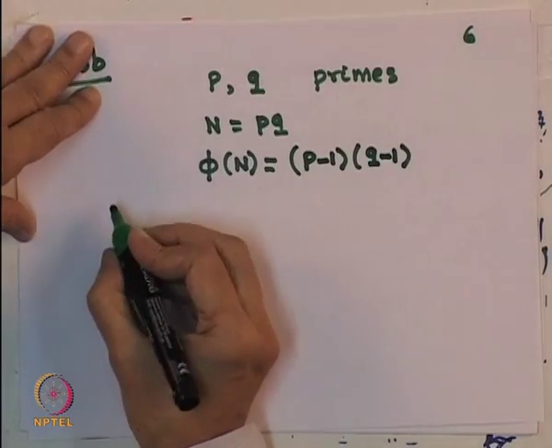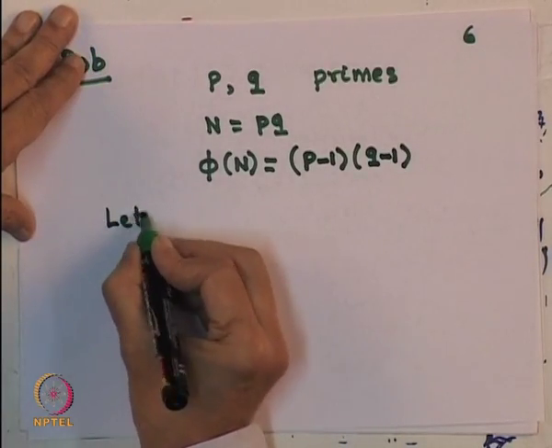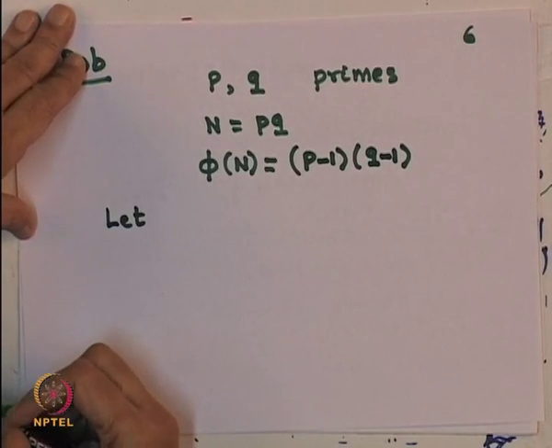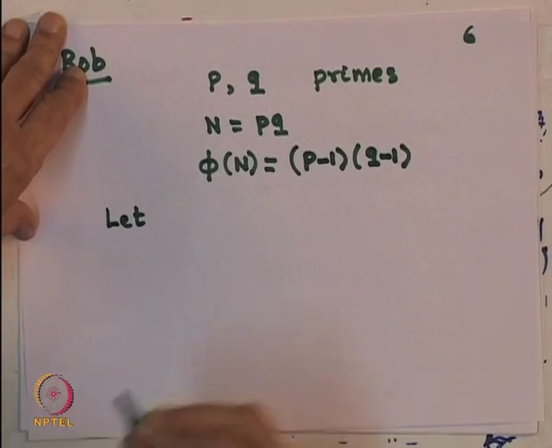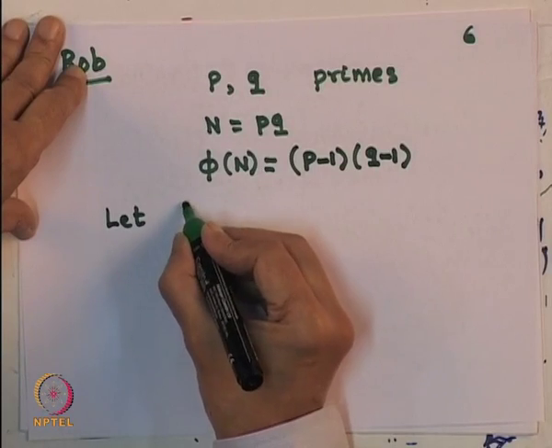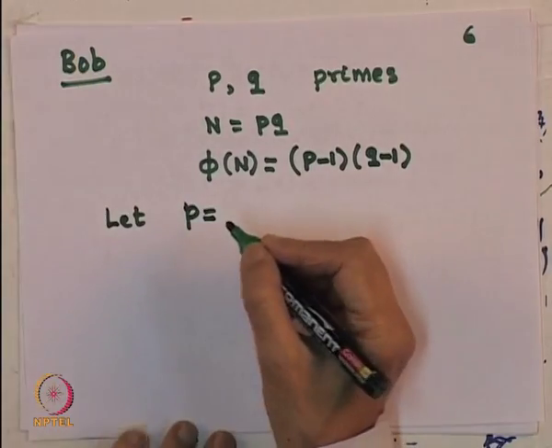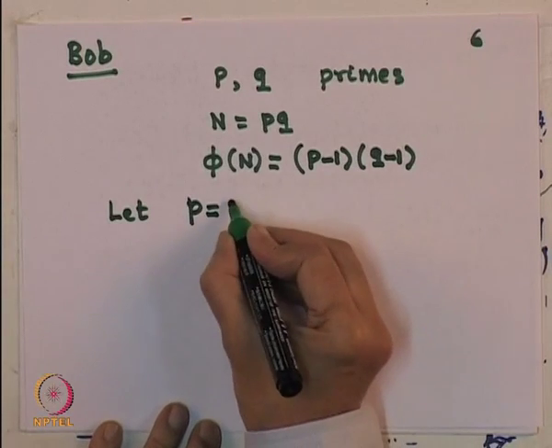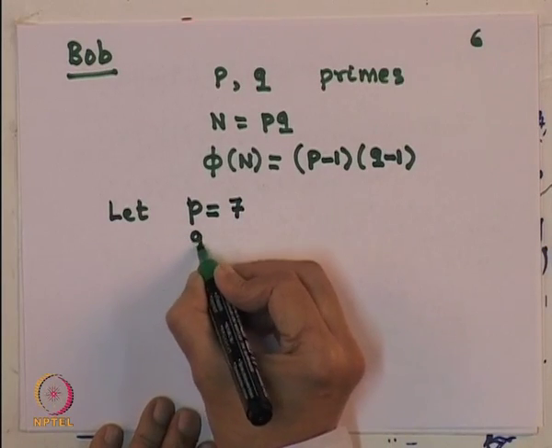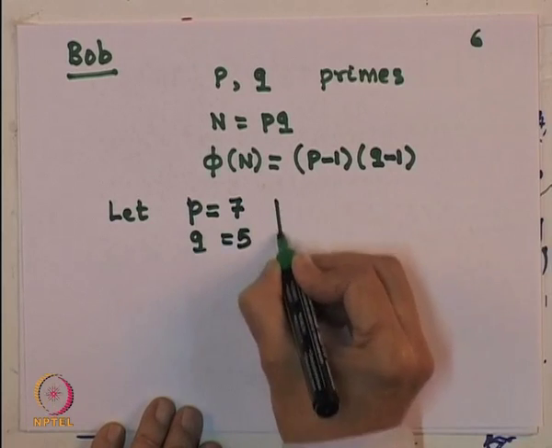As an example, which I will take small numbers obviously because I want you to be able to calculate using a calculator. Let P be equal to 7, Q be equal to 5, so that N is equal to 35.